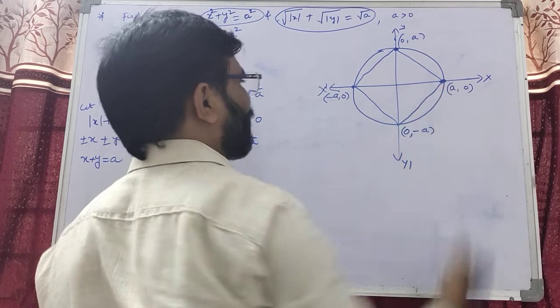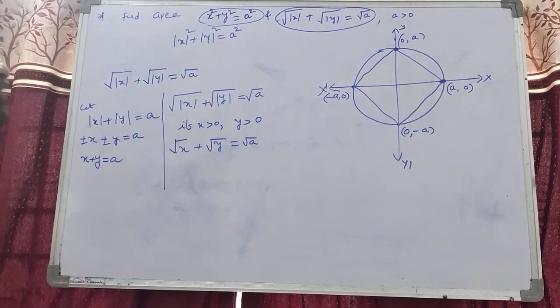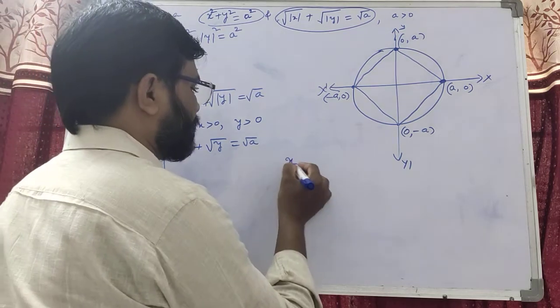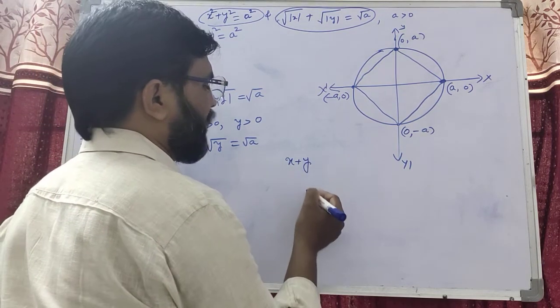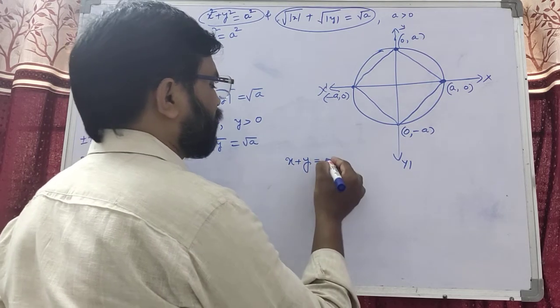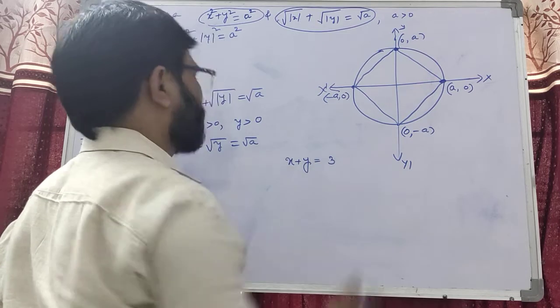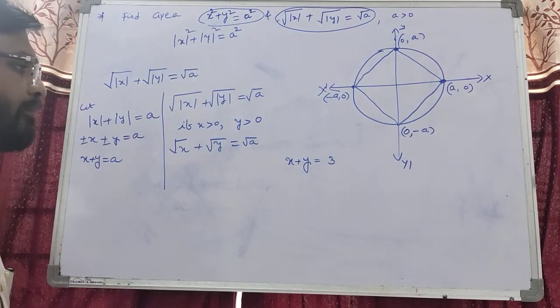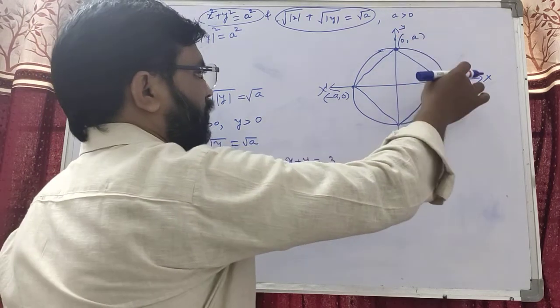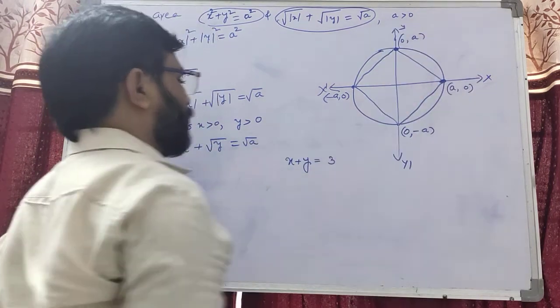Suppose students, we are taking the values below here. How to write this one? Just for example, if you take any numerical value, suppose we take x plus y equal to 3. So this line is x plus y equal to 3, with points (3, 0) and (0, 3).